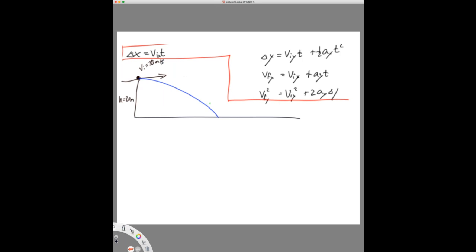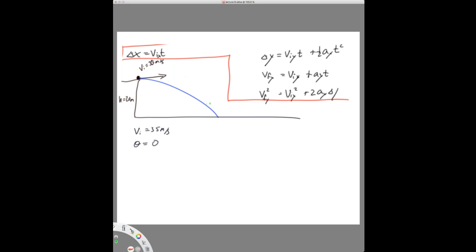So if I wanted to translate that, I would say Vi equals 35 meters per second. I would say that theta equals 0. So the angle that he kicks it is 0.